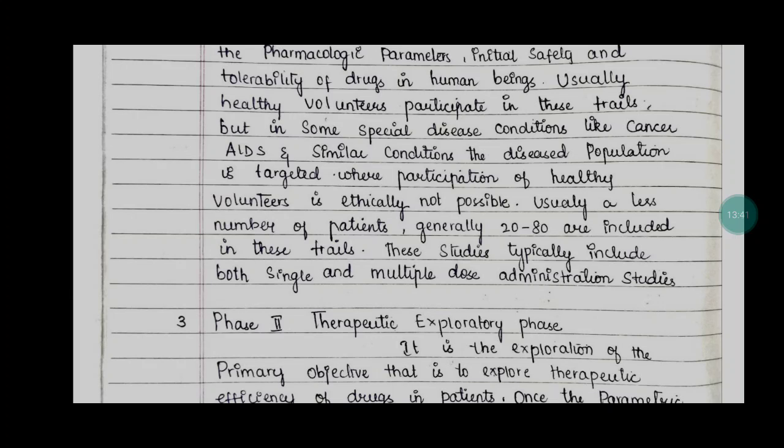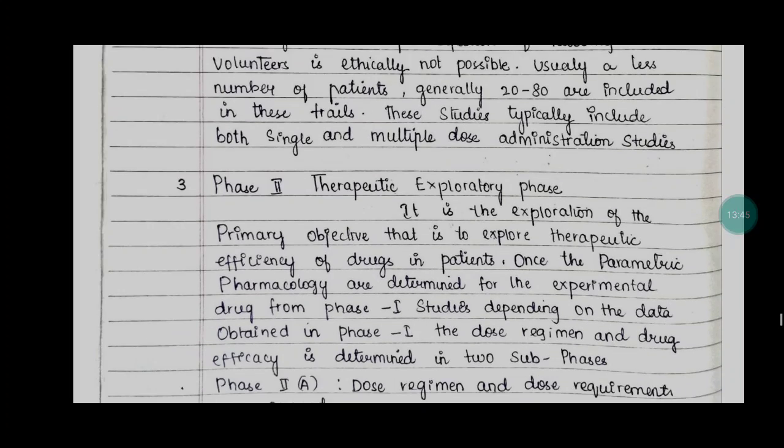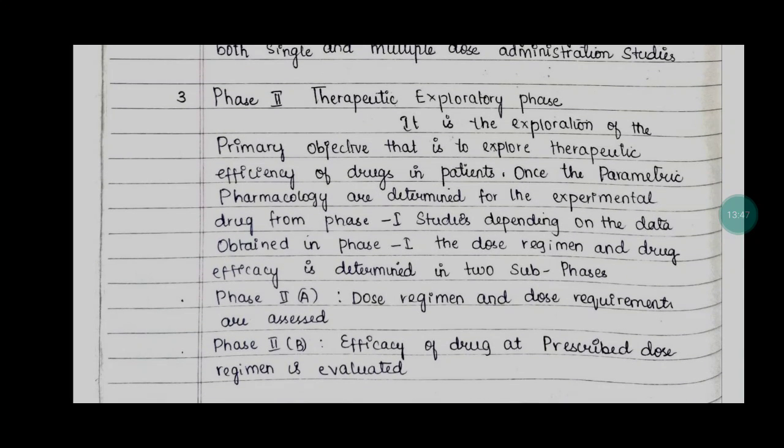And number three, that is phase 2, the therapeutic exploratory phase. The primary objective is to explore the therapeutic efficacy of the drugs in patients. Once the pharmacology is determined for the experimental drug from phase 1 studies, depending upon the data obtained from phase 1, the dose regimen and the dose efficacy are determined in 2 sub-phases.